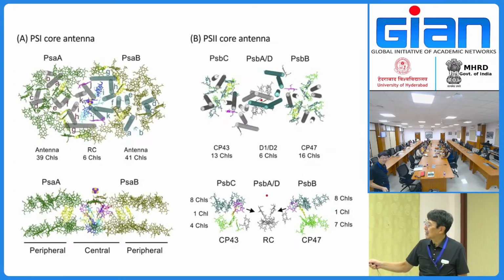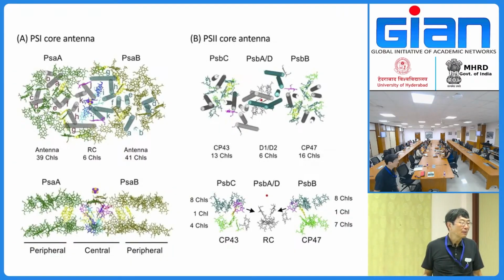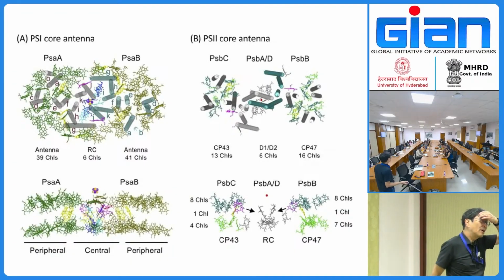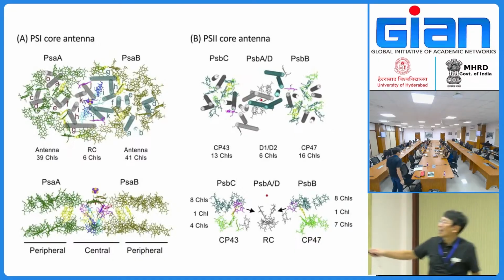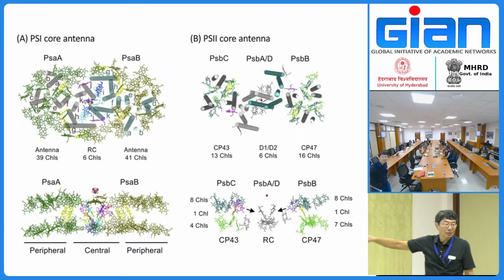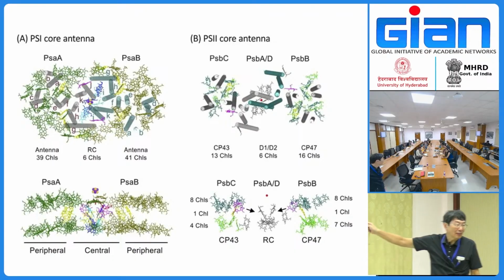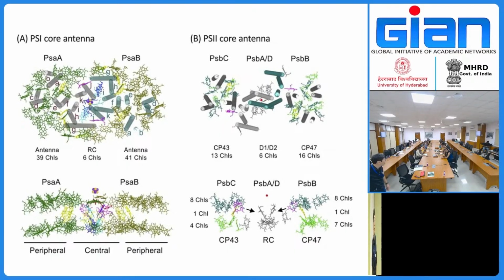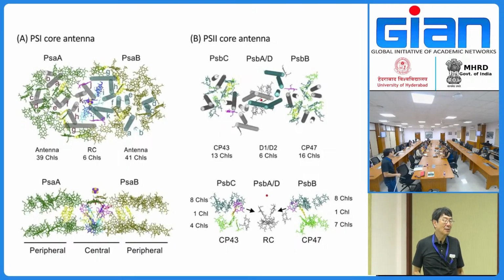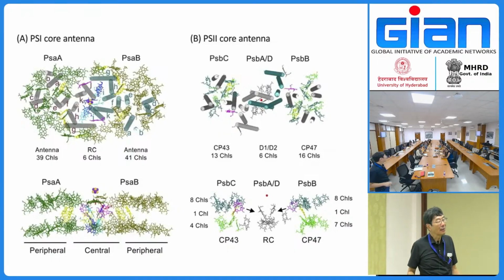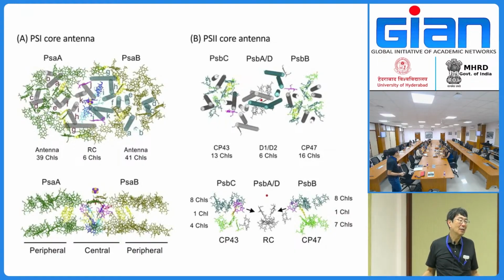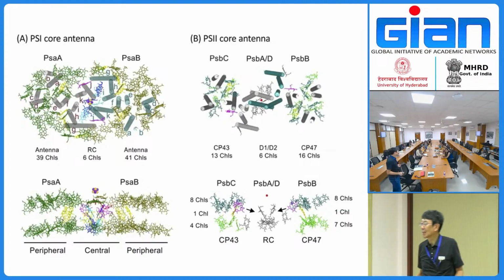But PS2 contains a lot of light harvesting complex 2, trimeric LHC2, and this region is surrounded by trimeric LHC2. So the total number of antenna pigments is more. You can find more antenna pigments in the PS2 unit. Okay.